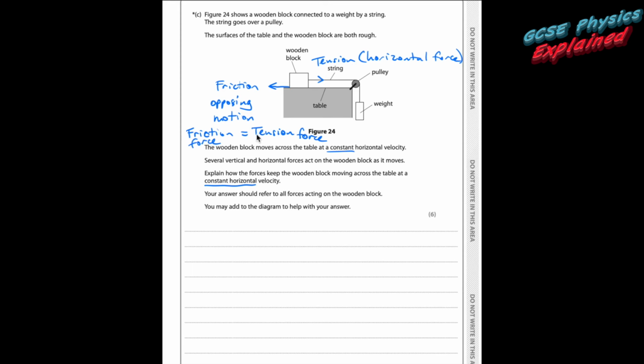So the friction force equals the tension force because it's moving at constant horizontal velocity. Now vertical, you've got weight going down and you've got a normal contact force going up. And since the block isn't moving up or down, they must be balanced as well.